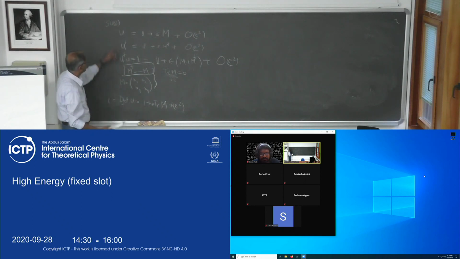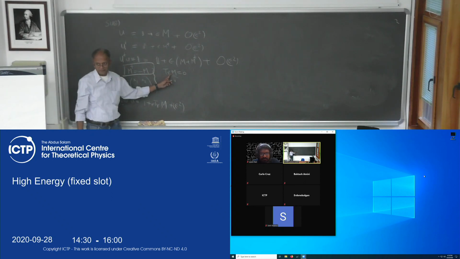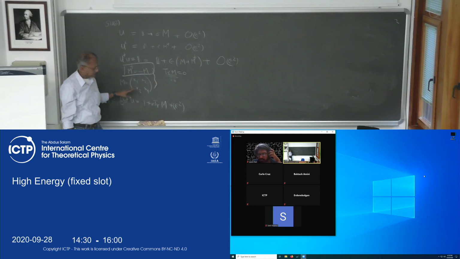If you had U2 on the other hand, then there is no condition here. The determinant could be anything. But for the SU2 case, we have both these conditions.